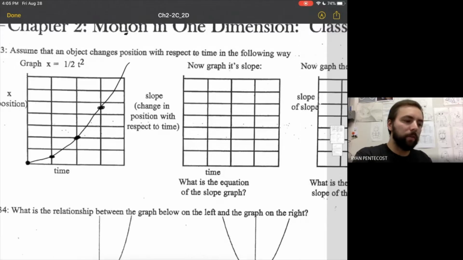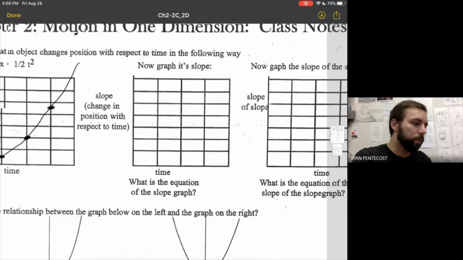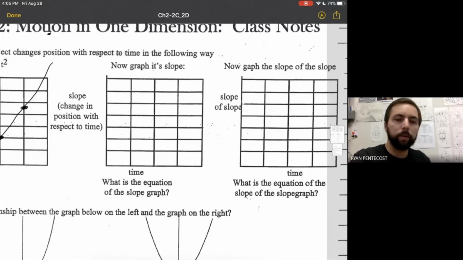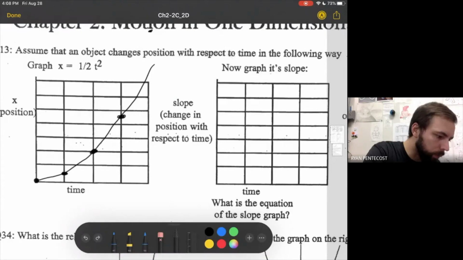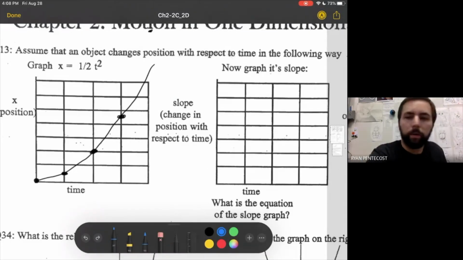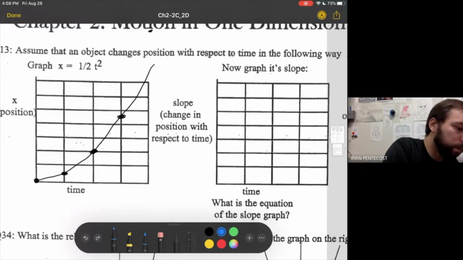Now let's graph its slope. So slope is going to be the change in position with respect to time, and we can call change in position with respect to time velocity. We're going to use blue for velocity.